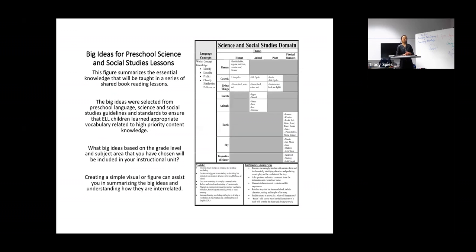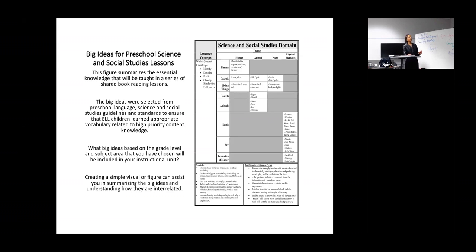So here's an example, because we're going to talk about designing a lesson. Here's an example of where I start when I'm designing a shared book reading lesson. This is a lesson or unit of lessons around science and social studies. So I first looked at those big ideas around language, science, and social studies that come from national guidelines.